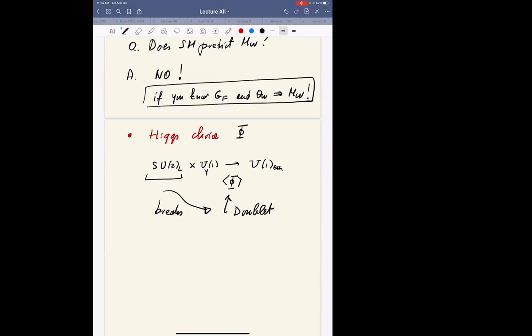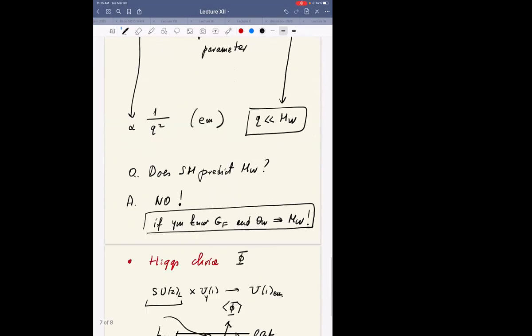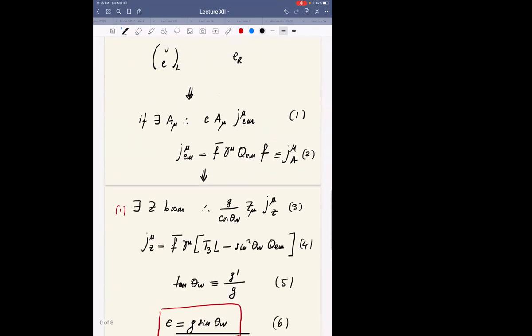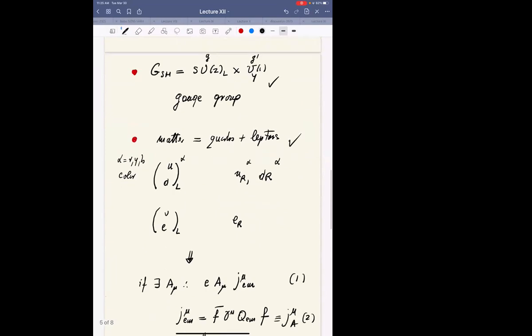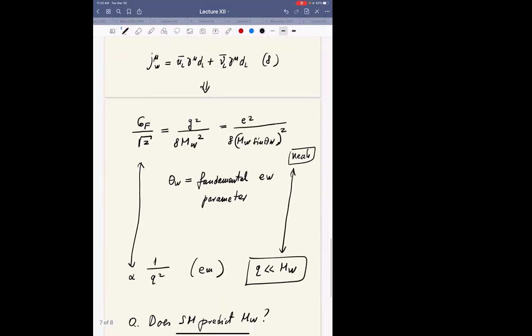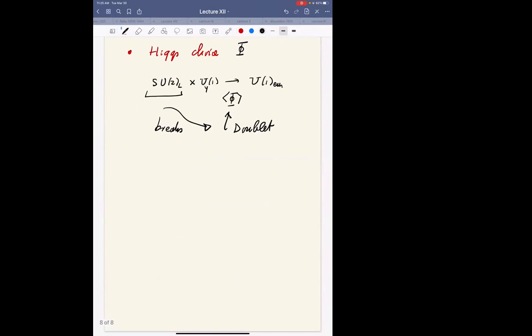There is even more of a reason. Remember, the way I wrote the matter, and I had no choice, parity violation told me, I could not write the mass term. There is no way I can write the mass term, okay? Why?